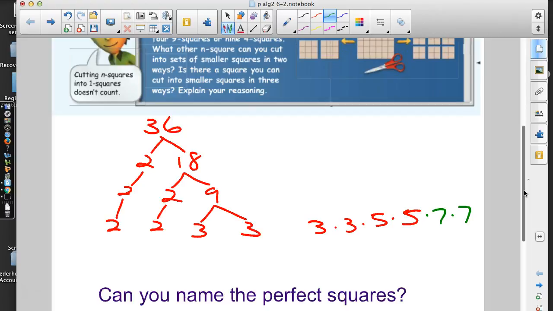So factor trees are an option, but factor trees also take some time, and sometimes it doesn't have to be that difficult. That's the reason we have that power chart, because if we want to break this into perfect squares, we want to be able to say, all right, if we've got the square root of 36, yes, we know the square root of 36 is 6.